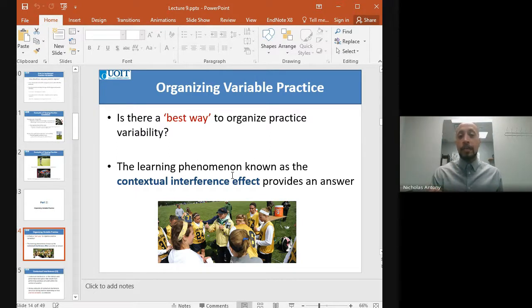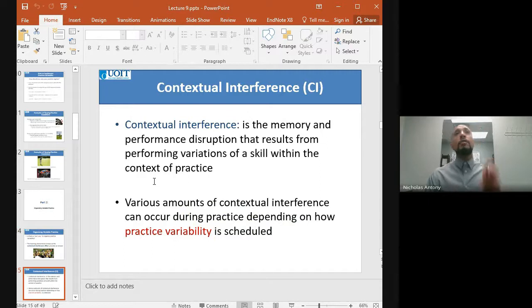And I forget who said it, but we brought this up earlier, I think it was JP, right? You don't want to keep doing repetitions of the same thing because it is not allowing them to keep engaged, right? And so this phenomenon is called the contextual interference effect. Contextual interference describes the memory disruption that happens when you are switching between variations of a skill.